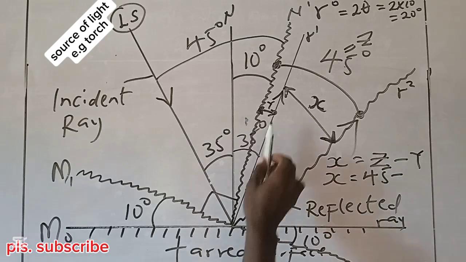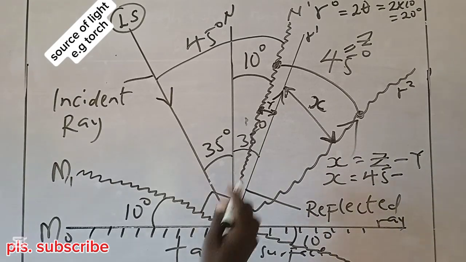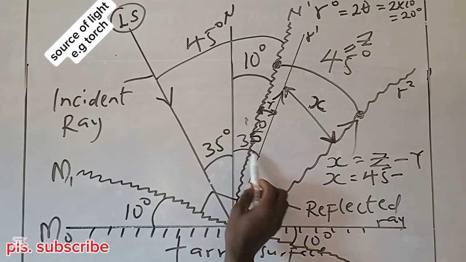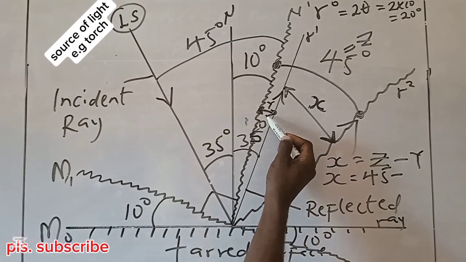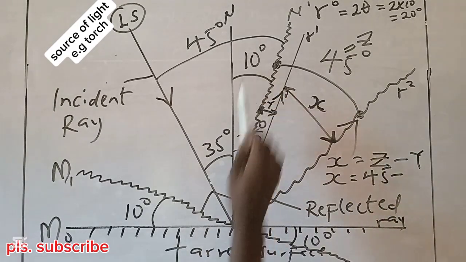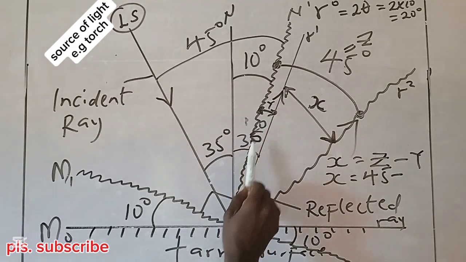minus. Then notice Y. We'll play smart. Don't forget, there is an angle here, 35 degrees. The initial angle of reflection is 35. And that 35 contains Y and also contains 10. Are you seeing? Addition of 10 and Y is 35. 10 plus Y is 35.